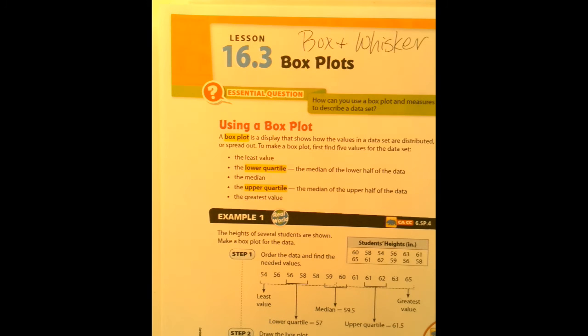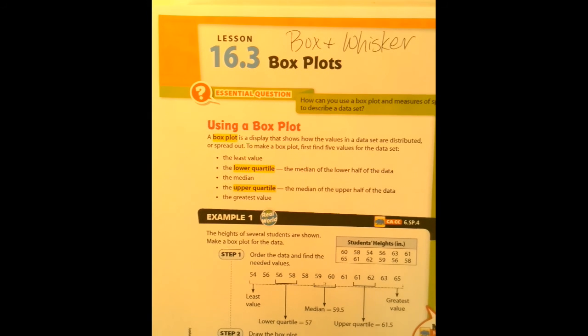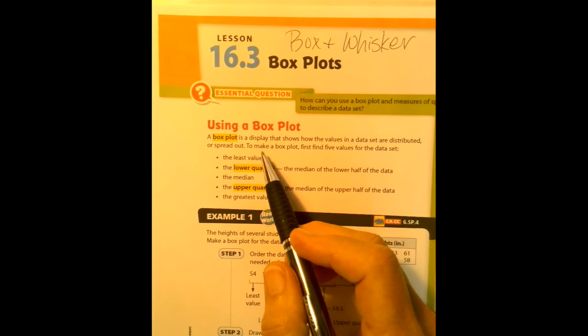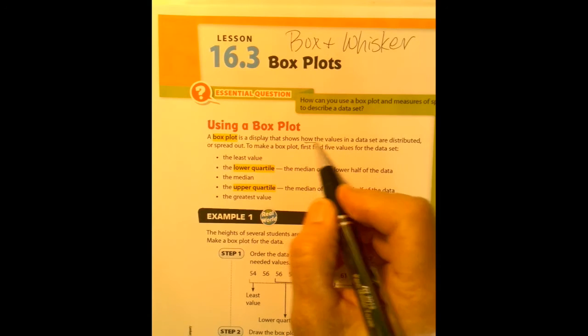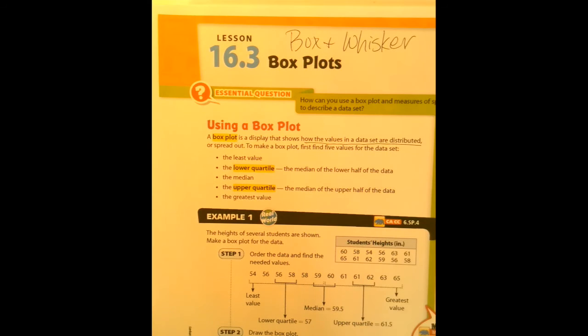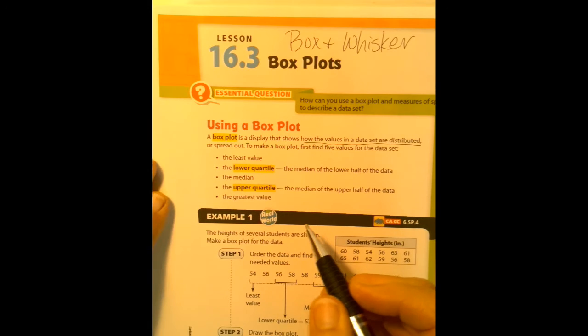So first of all, a box plot is a display or type of graph that shows how the values in a data set are distributed, how they're spread out. And so we need some different values in order to draw a box plot.